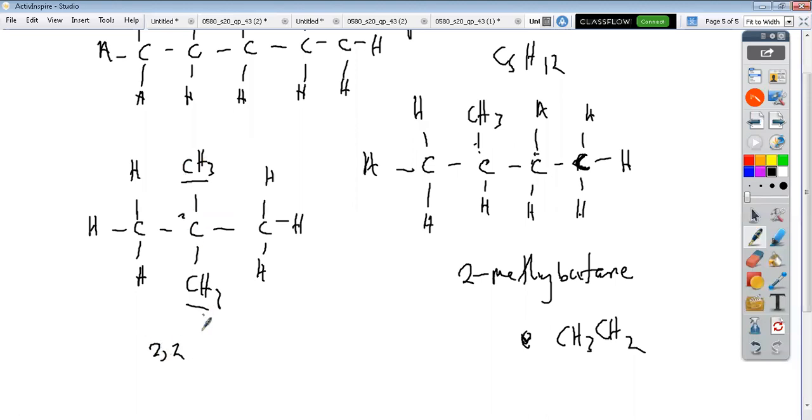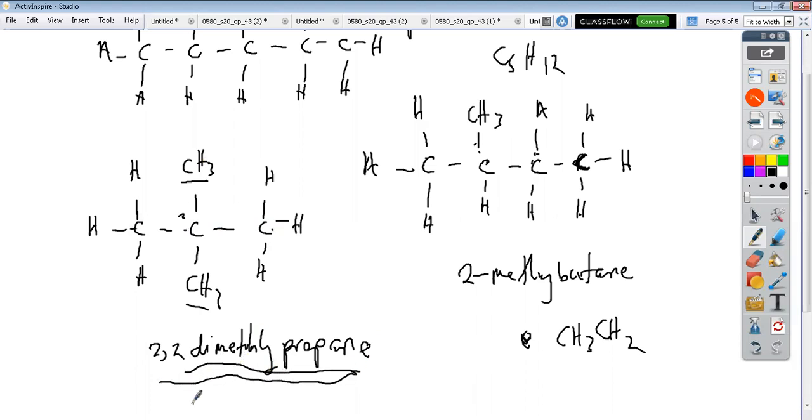They are on the same position. But it's 2 of them, I say di-methyl. Then what's the long chain? 1, 2, 3. So it's a propane. Is that clear? Because you get that in paper one day. 2,2-dimethyl propane. Clear?